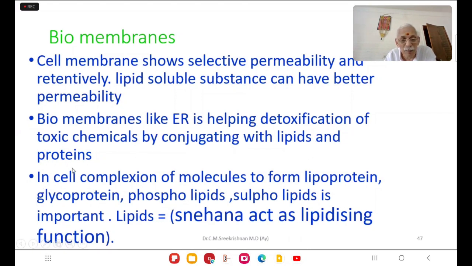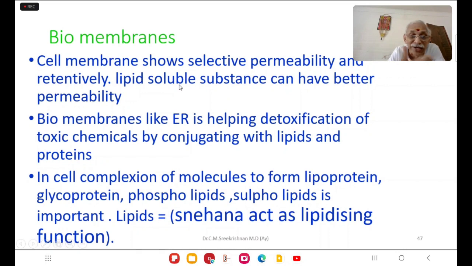In the cell, complexing of molecules to form lipoprotein, glycoprotein, phospholipid, and sulfolipids is important. Lipids, that means snehana, act as a lipidizing factor. That is the importance of snehapana, because our body is basically snigdha. When it becomes ruksha, this membrane selectivity will be lost.